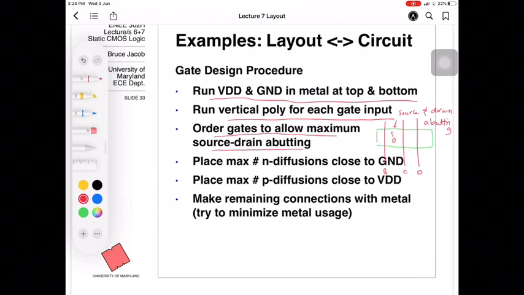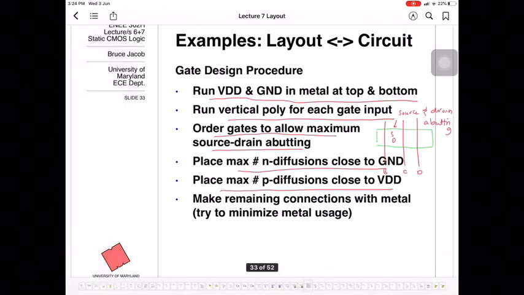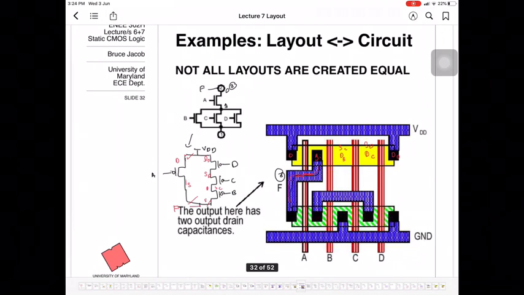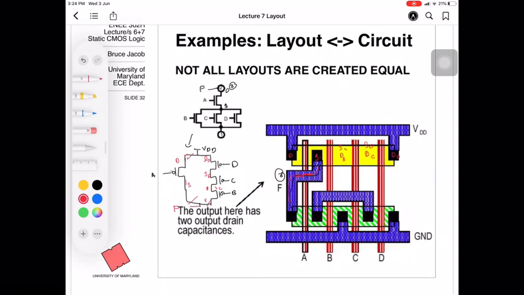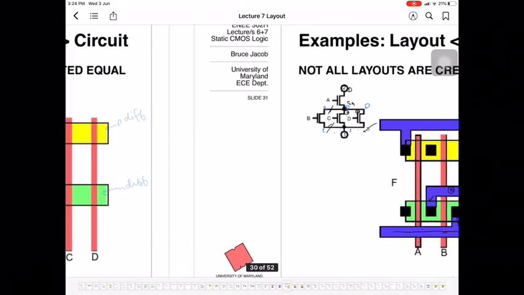Okay, so now the next connection is place maximum P diffusion close to VDD and place maximum N diffusion close to ground. So in this case, which one is better? So we looked at this layout. This layout has two connections to ground, 1, 2, and has two connections to VDD, 1, 2. Okay, in comparison, let's look at the previous.